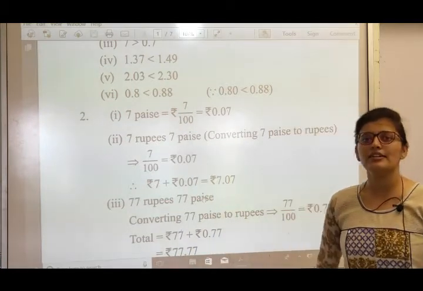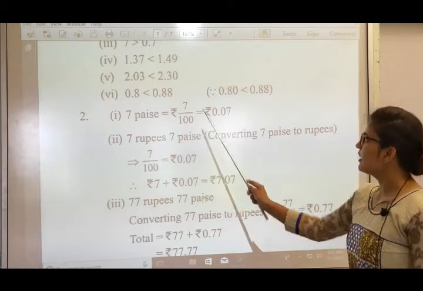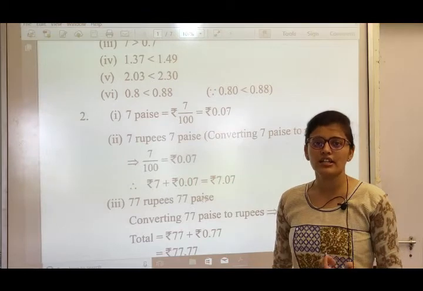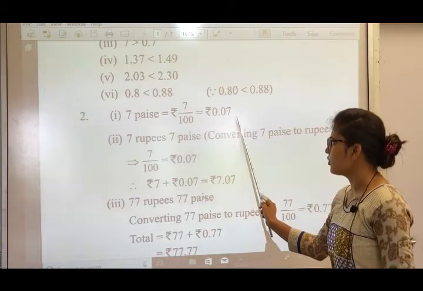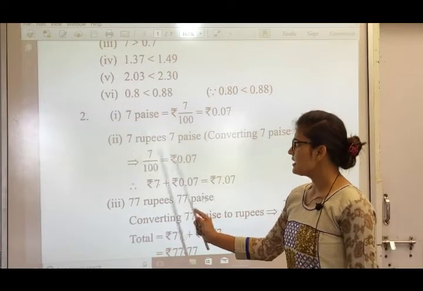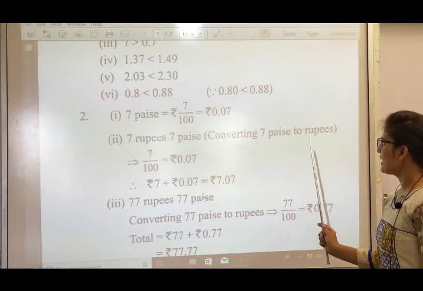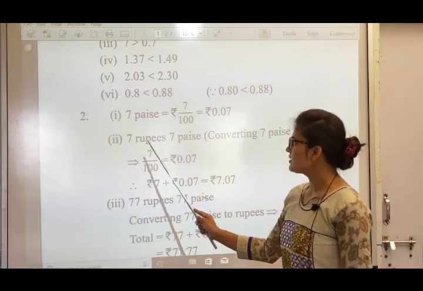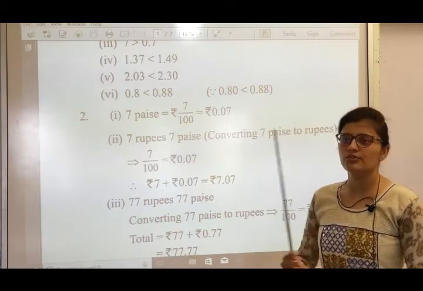7 by 100. That means that after the point we need only 2 digits. 1 digit we already have, so we will put a 0. So the answer will be 0.07. Now second, 7 rupees 7 paisa, we have to convert paisa into rupees. So rupees will be put as it is, rupees 7, but paisa we have to convert into rupees.